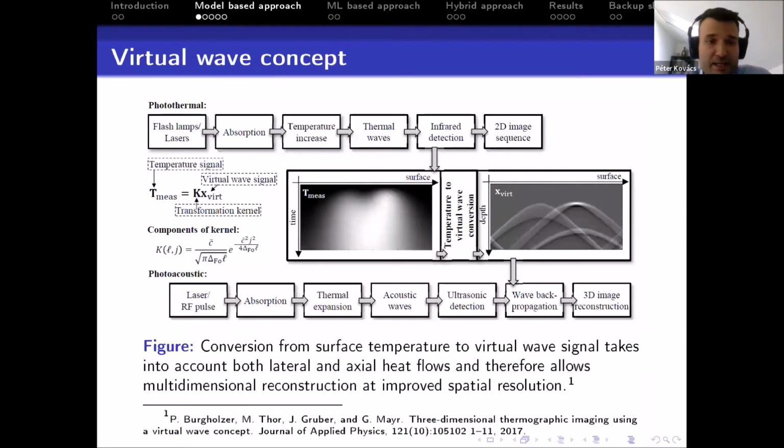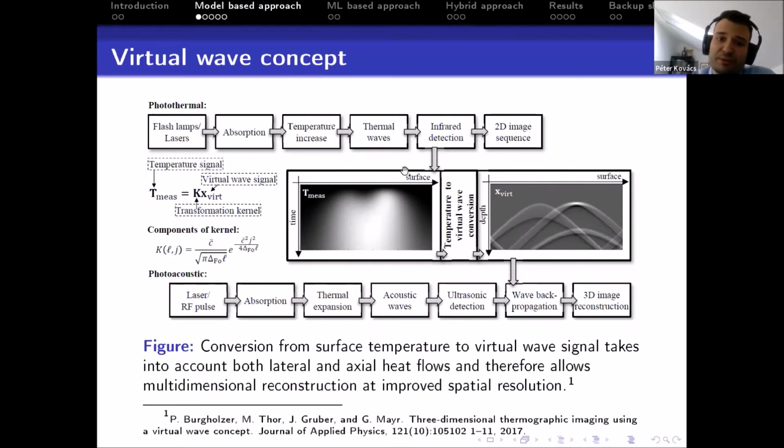In this slide, I just want to briefly refer back to Peter Buchwitzer's presentation in July. He introduced, with Maya Günther, a two-stage reconstruction process in 2017, where the photothermal reconstruction problem was converted to a photoacoustic reconstruction problem.